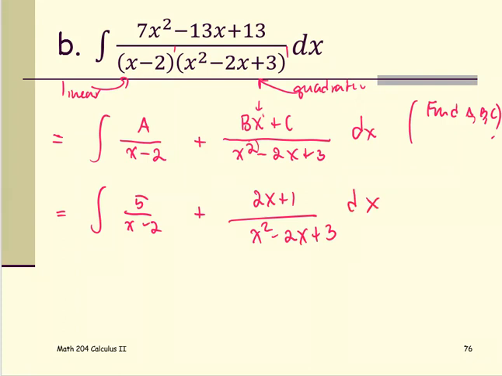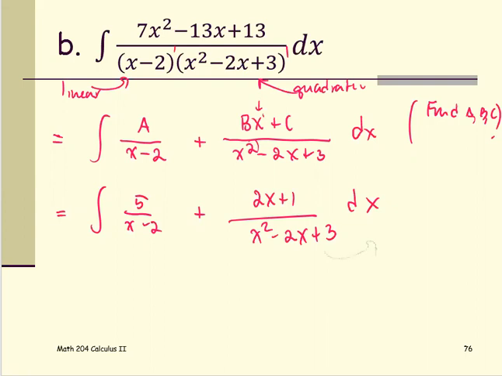The first one, I don't think you have any issue finding the antiderivative, but the second one, you use u-sub and then work on the problem. It's a little bit of technique that you have to put in here.